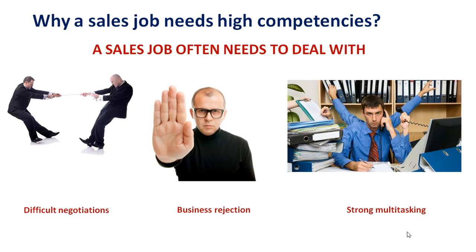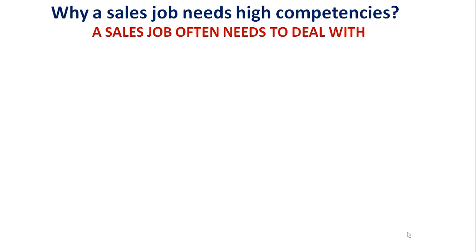He has to be a good analytics person so that he can maintain all the data and make all the analyses. So a salesperson has to be a multitasker, and therefore organizations tend to hire sales professionals who are very good multitaskers.